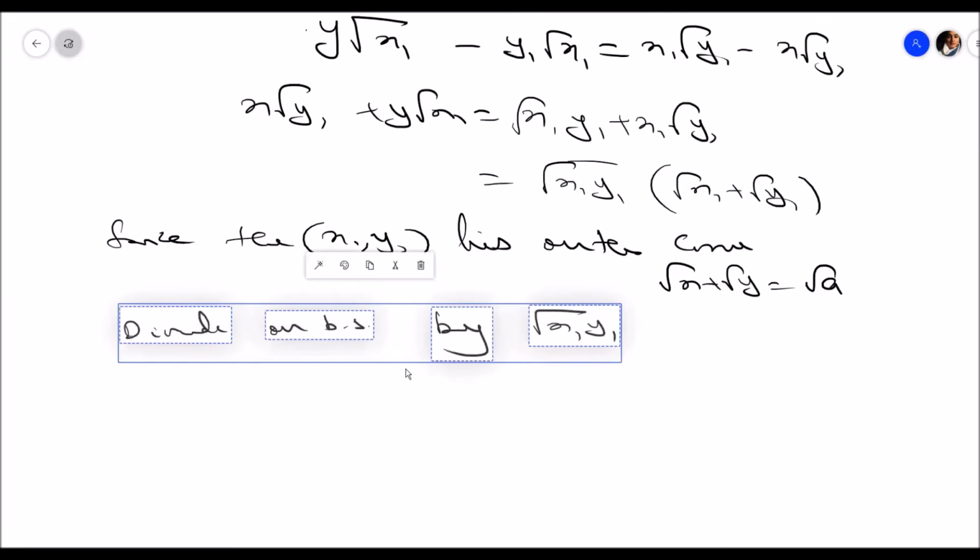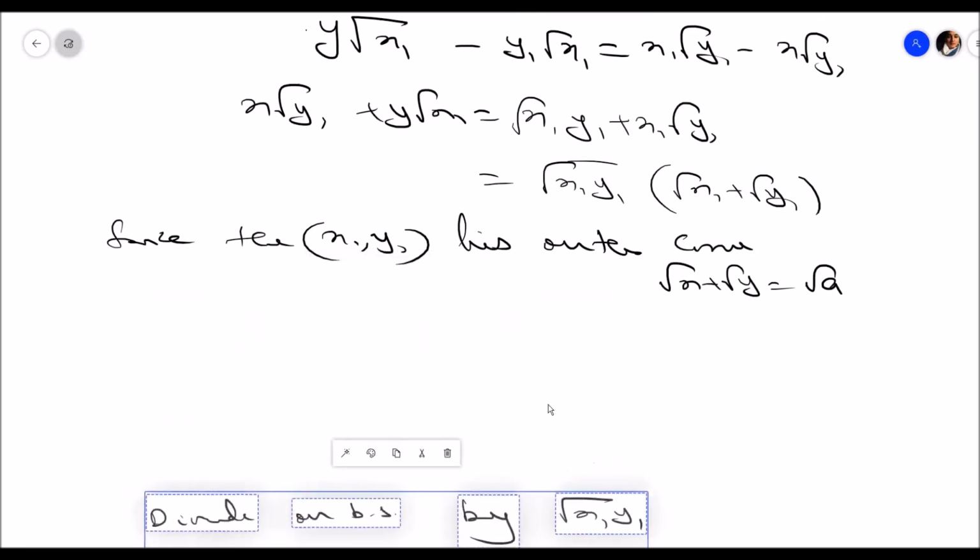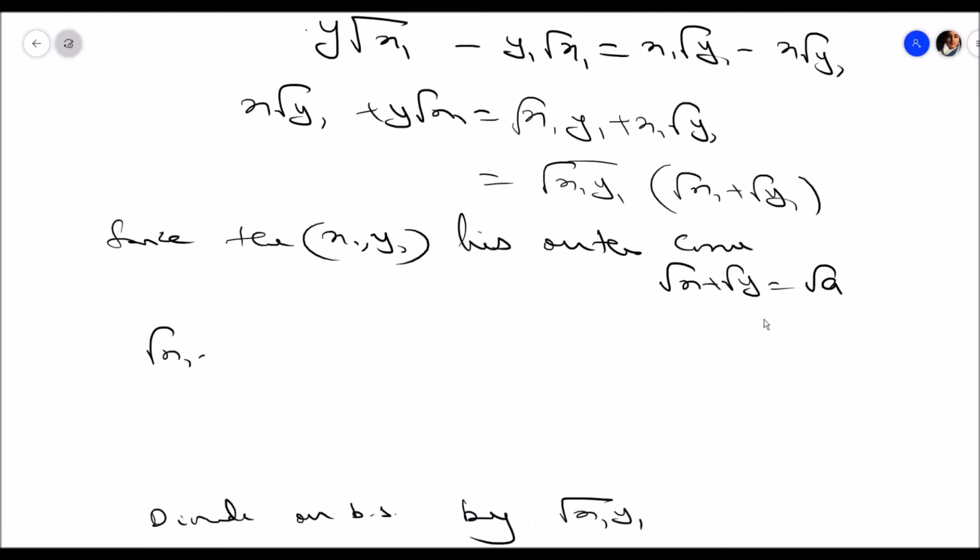So by doing so, I get root x1 plus root y1 should be equal to root a.